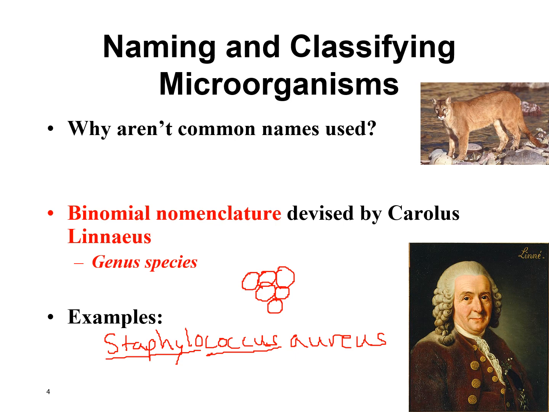And then the species name aureus, if you remember from chemistry what the chemical symbol for gold is, AU, so aureus means gold. So it just describes the color of Staphylococcus aureus when you grow it in the petri dish in the lab. The colonies are a golden color. So that's where it got the name.